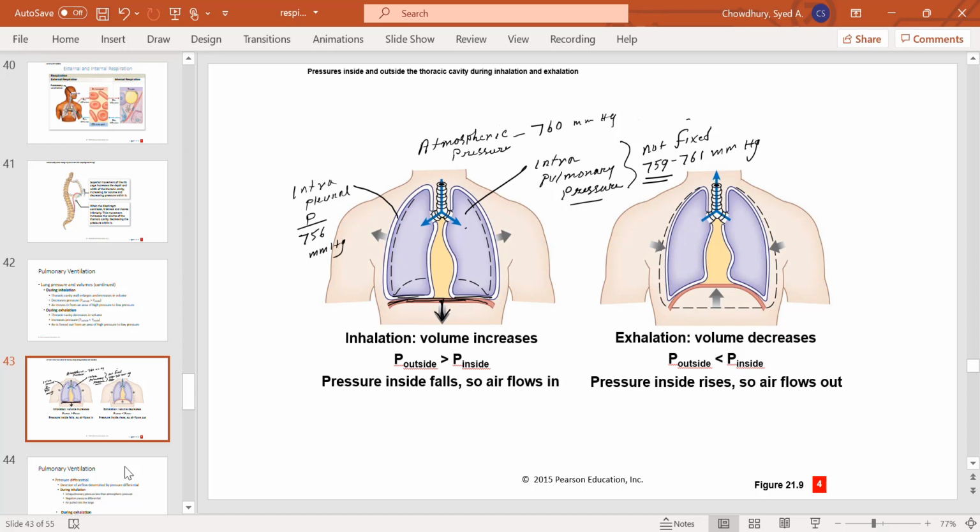Downwards. Remember that. So when the diaphragm moves downwards, the bottom of the lung is attached to the diaphragm, right? So it will pull the bottom of the lung downwards. So what will happen? The lung will get expanded this way, vertically. Makes sense? Both lungs will expand vertically.